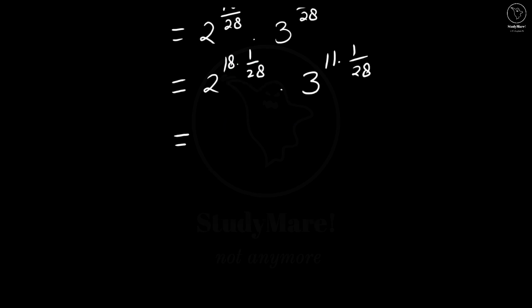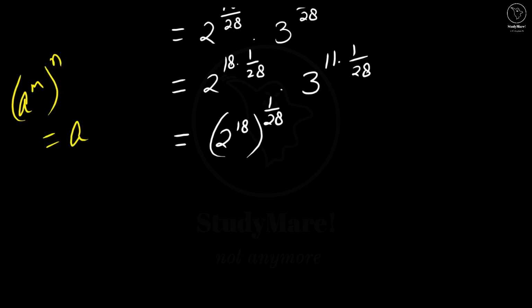Can be further written as 2 to the power 18 whole raised to the power 1 upon 28. How? Because we have an identity that says a to the power m raised to the power n is equal to a to the power m into n. We have used the same identity.